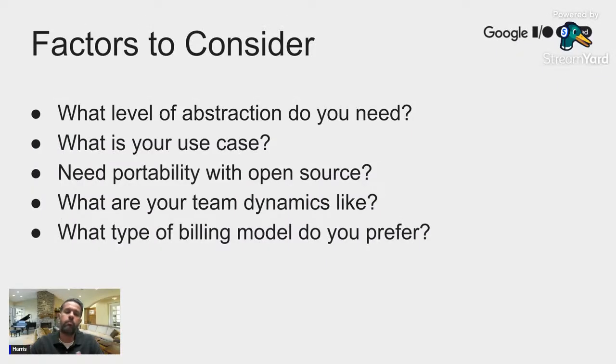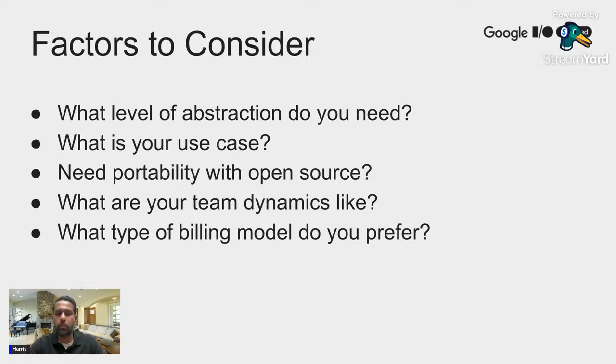Finally, from the services that we have, there are some factors that you need to consider before you decide on what service to use. First one is what level of abstraction you need. The second one is what your use case is, essentially.